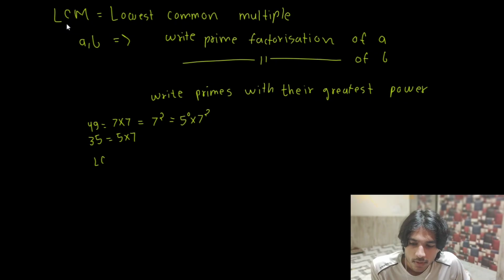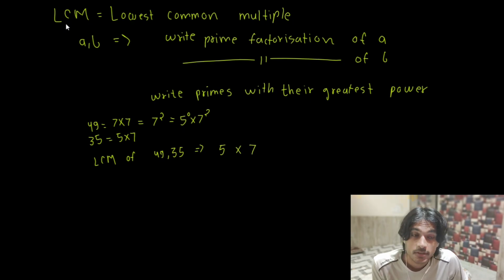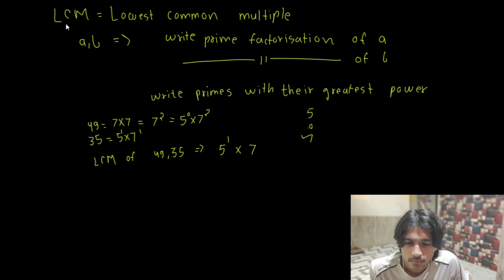Now, the LCM of 49 and 35 will simply be the prime numbers 5 and 7 with their greatest power. Here 5 has power 0 or power 1, right? What is the greatest between 0 and 1? 1.